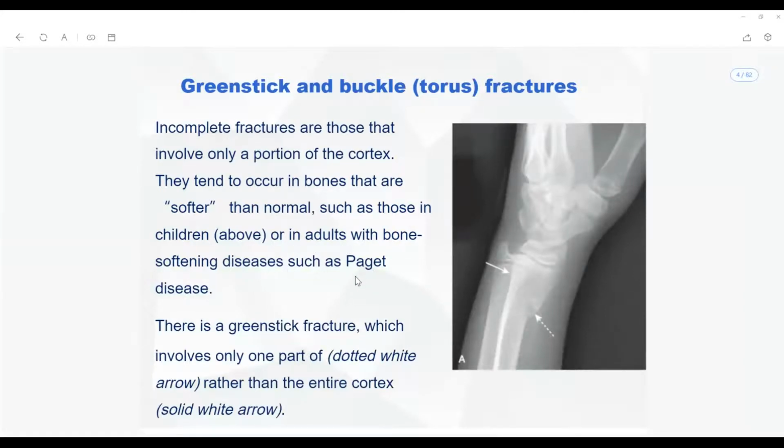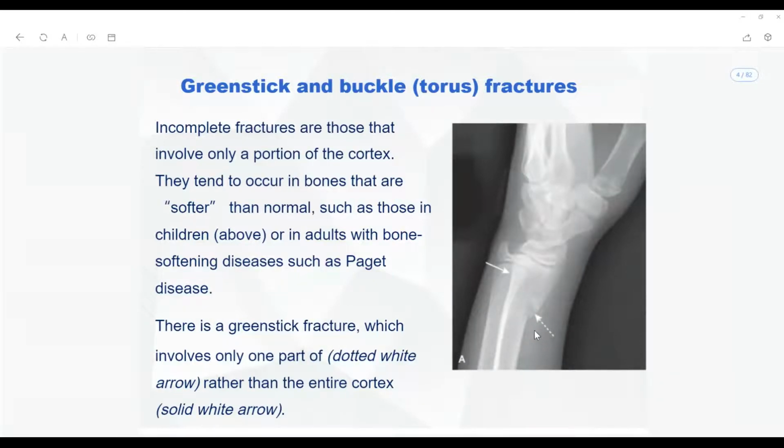So in this X-ray, I am able to see that the radial lateral edge has been fractured, where I can see complete destruction of the cortex. But the medial edge of the radius is not destroyed. It is completely intact, and I can see only one edge of the cortex involved, but it is still called a fracture. This is called a greenstick fracture.